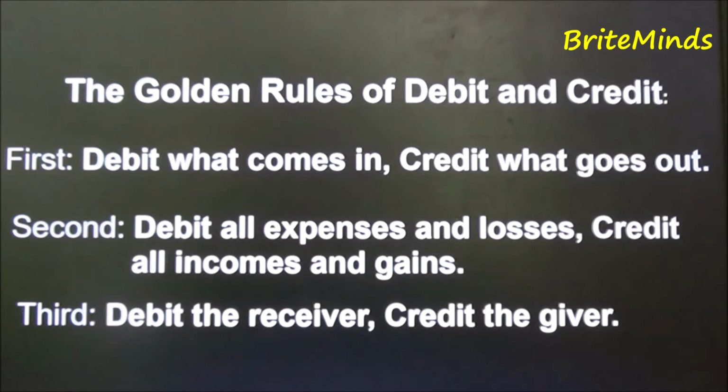First, debit what comes in and credit what goes out. Second, debit all expenses and losses and credit all incomes and gains. Third, debit the receiver and credit the giver.